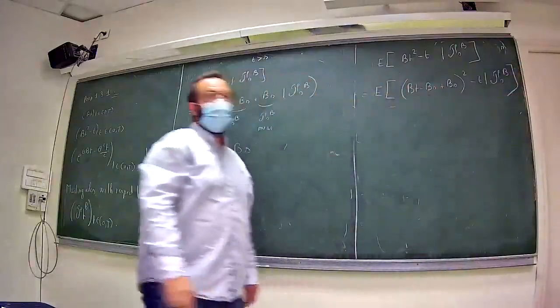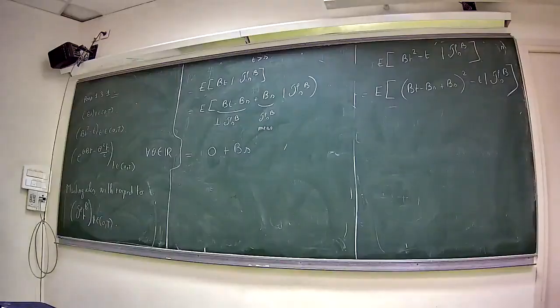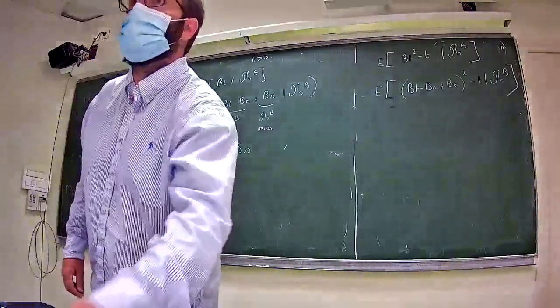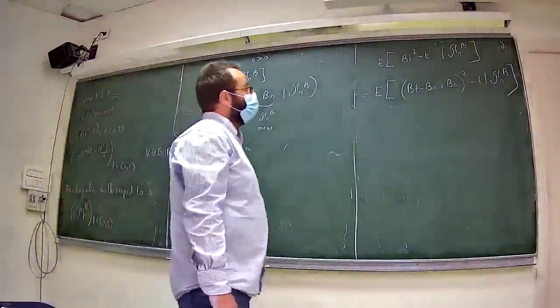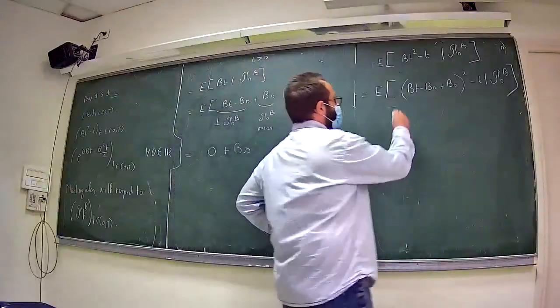Here it's a little bit more complicated because I have the square, so I have several ways to do this. And the best way to do this will be to use something we have seen together in chapter 0. Because, what can I write here?